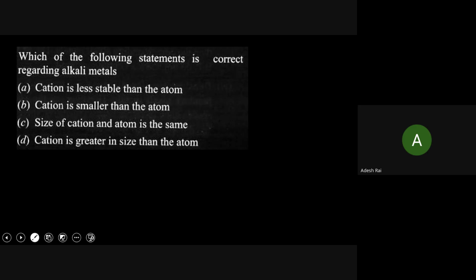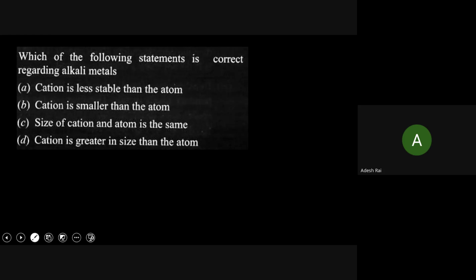Size of an anion is bigger than the atom. Which of the following statements is correct regarding alkali metals? First is saying that cation is less stable than the atom. Second, cation is smaller than the atom. Third, size of cation and atom is the same. Is it true? No. Atom is bigger in size than cation. Cation is greater in size than the atom. That is also wrong. Which option will be correct?